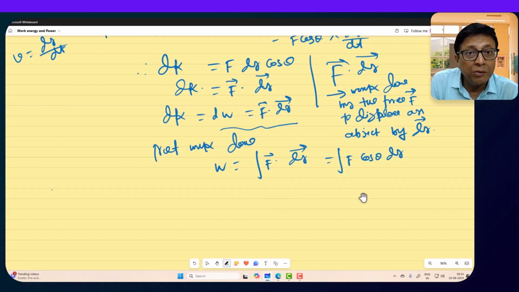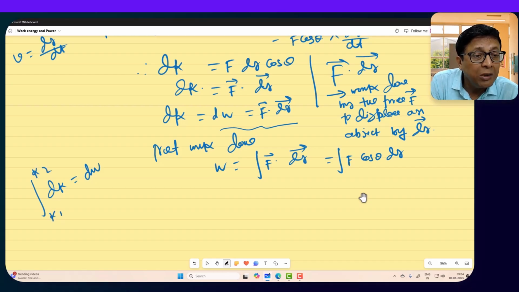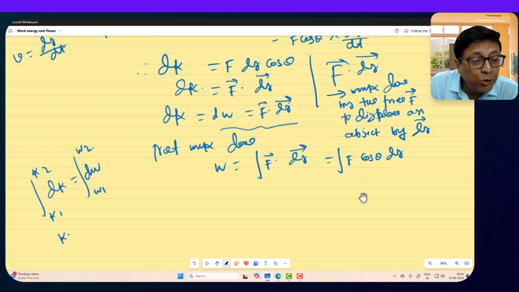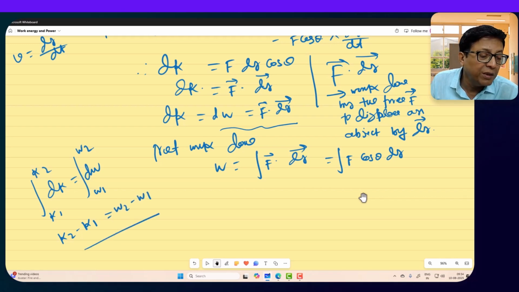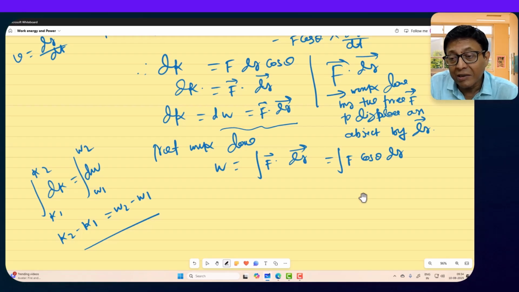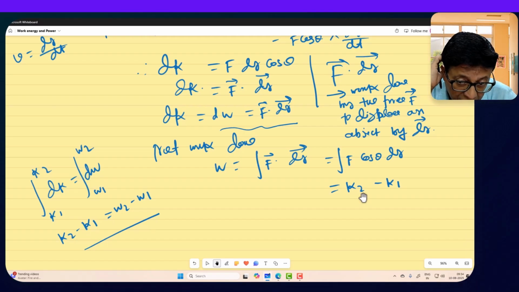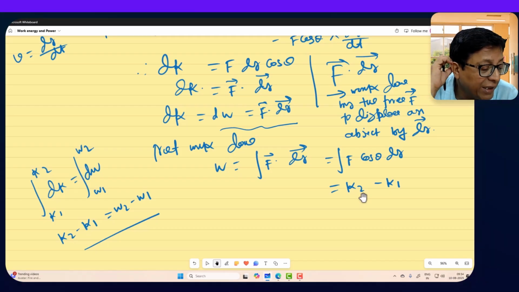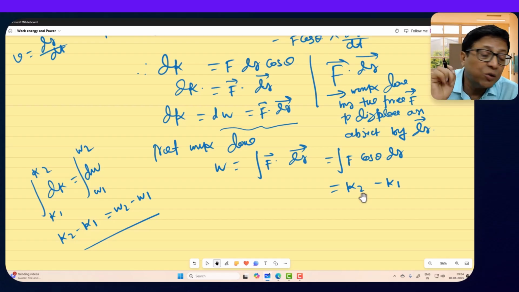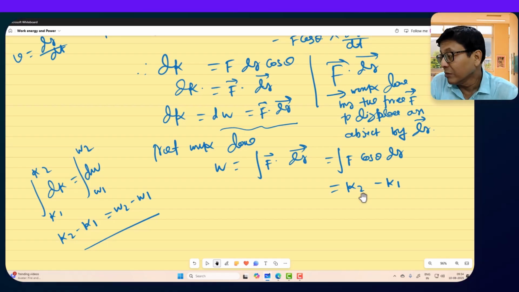If dK equal to dW, then if you integrate from K1 to K2, the right side goes from W1 to W2. So K2 minus K1 is nothing but W2 minus W1. So work done on the whole path is change of kinetic energy. This is called work energy theorem.